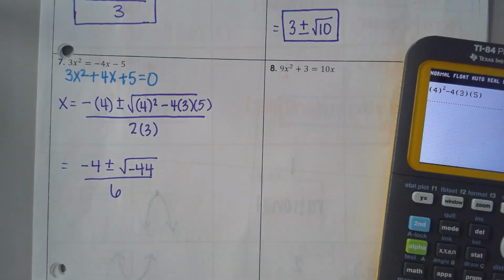So we get negative 4 plus or minus the square root of negative 44 over 6.